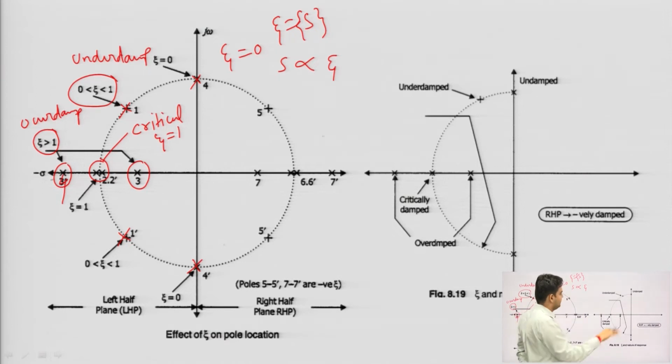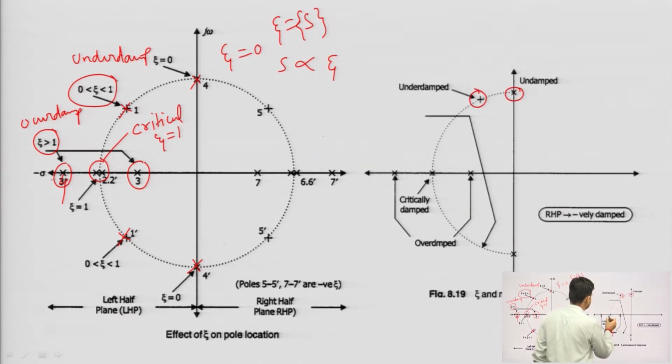So, for all the cases, zeta equal to 0, between 0 and 1, equal to 1 and greater than 1, I get these locations of poles. This is the plot on the imaginary axis: undamped, underdamped, critically damped with repeated real roots, and distinct real roots for overdamped.